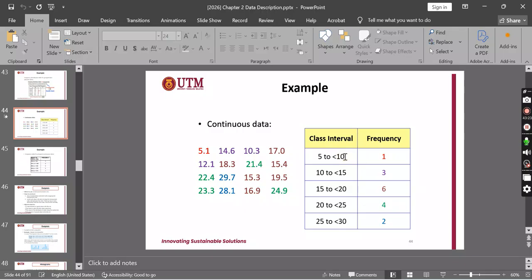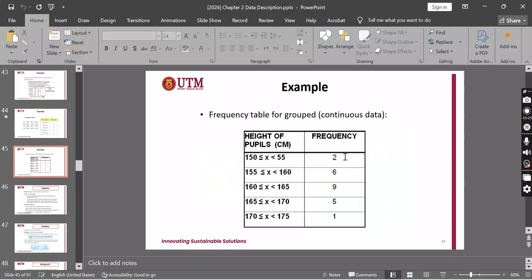Also you can present it like this table. Here we have 150. One is missing here, so it's 150 to less than 155, then 155 to less than 160, and so on. So the difference between classes is 5.